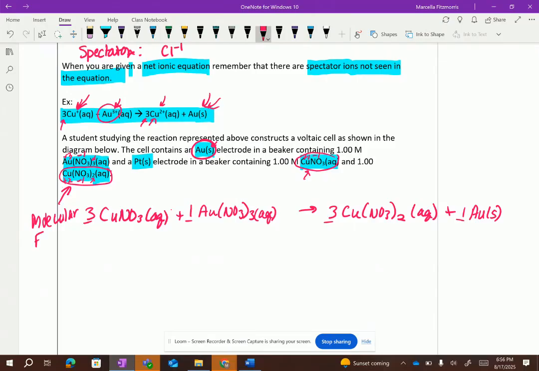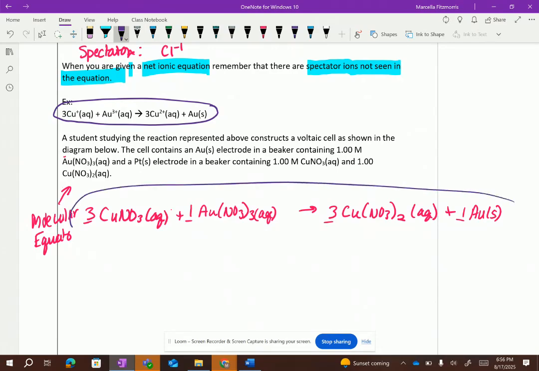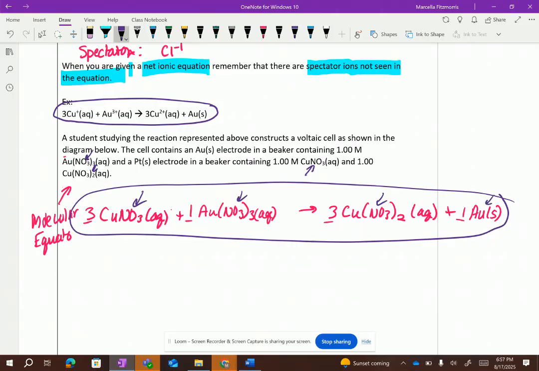So my point on this one is that I kind of gave you more than you needed, but I wanted you to see the full picture. The biggest point is that when you see this as a net ionic equation and they do not give you the molecular, know that somewhere this exists, where you can actually see what's going on in the substances here, here, here, and here, even though this doesn't look like it.